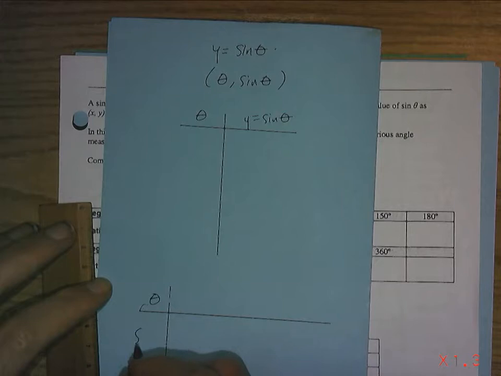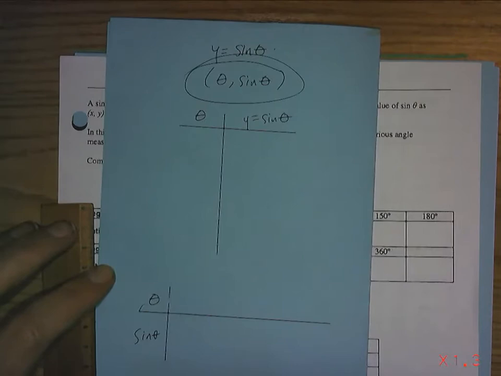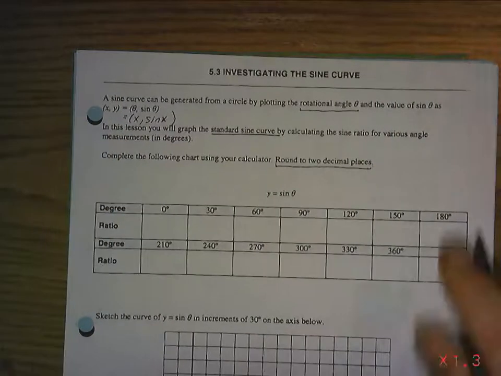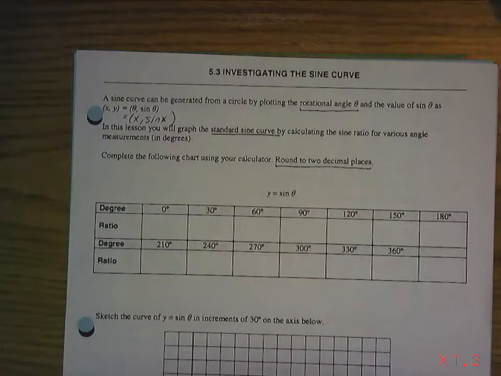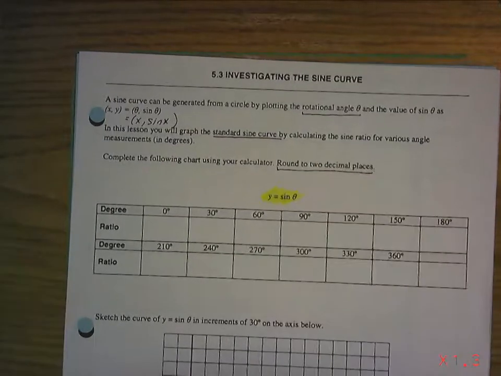Theta comma sine theta. And we're going to come out this way. And then we're going to take each of those points and we're going to plot them on a Cartesian plane. All right. So here we go. Y equals sine theta. That's our curve.